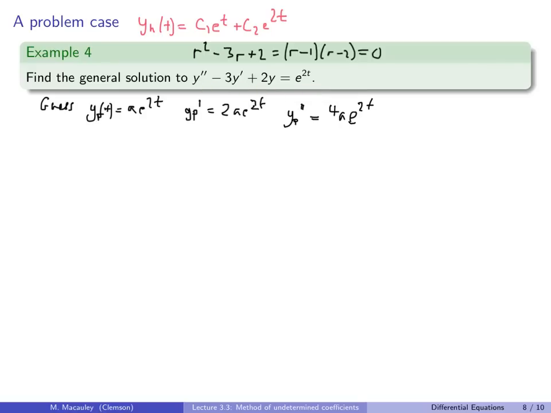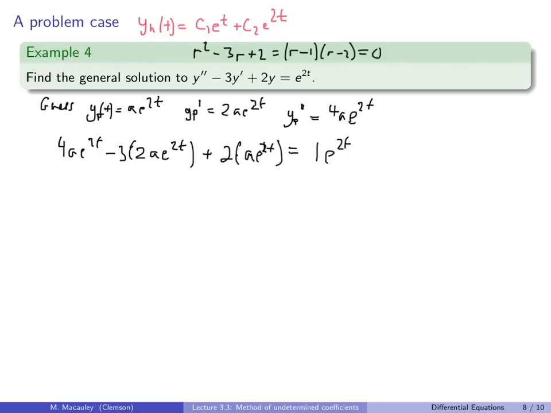We're going to get y double prime, 4a e to the 2t, minus 3 y prime, which is 2a e to the 2t, plus 2y, 2 times a e to the 2t, equals 1 e to the 2t.